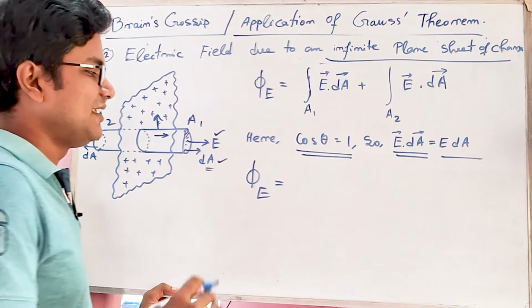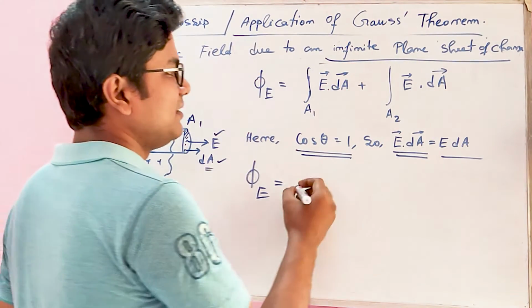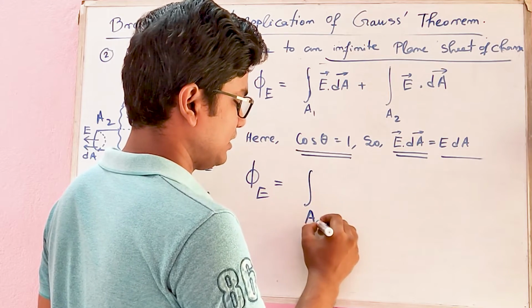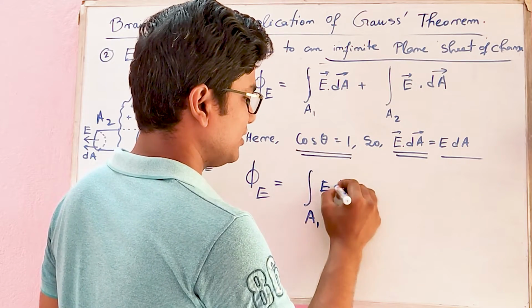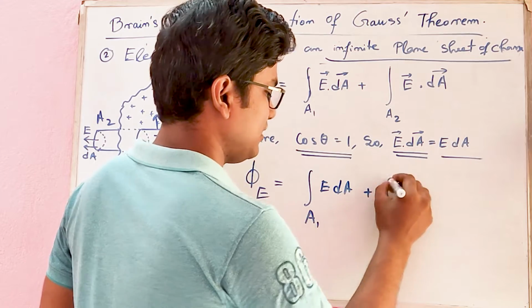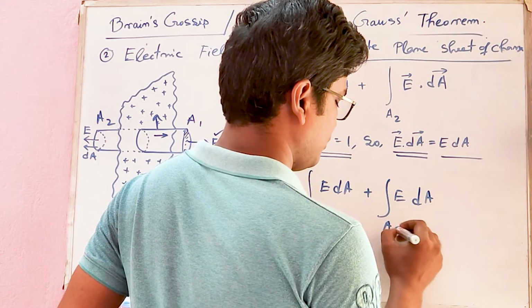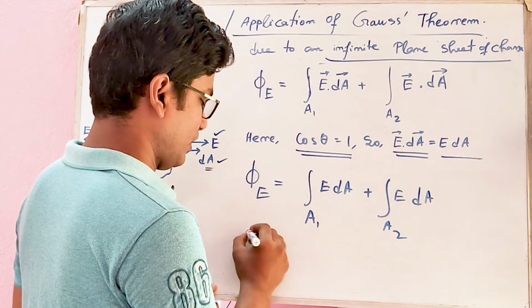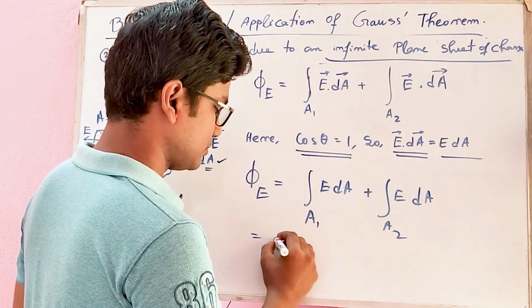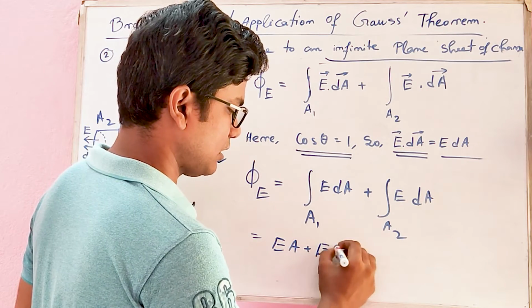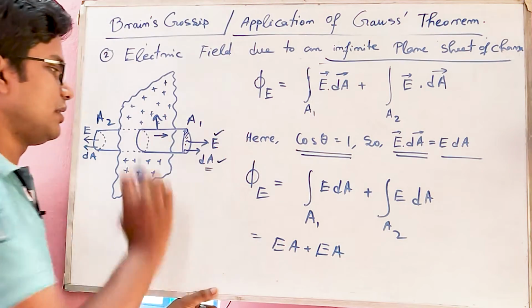Now we can write electric flux phi E equal to integration over A1 E dot dA plus integration over A2 E dot dA. Okay, so this is equal to EA and this is also equal to EA, where A is the amount of area.